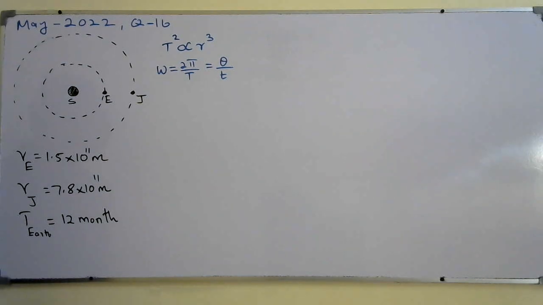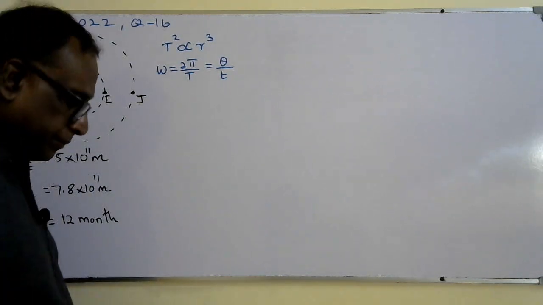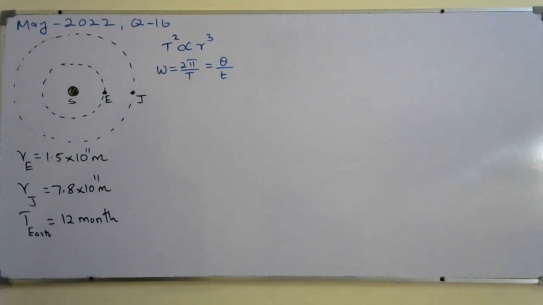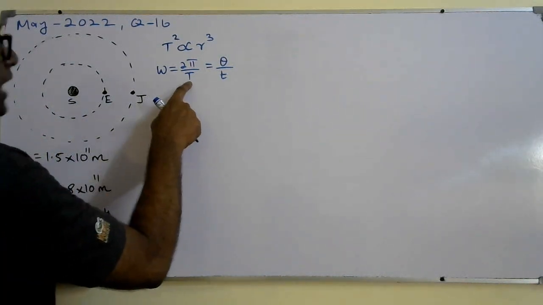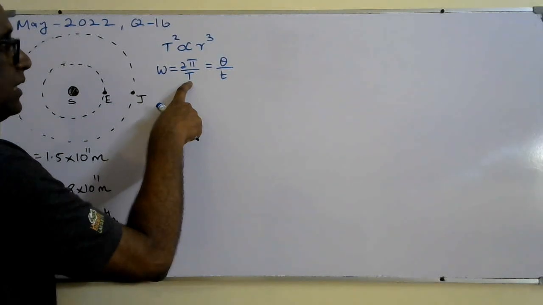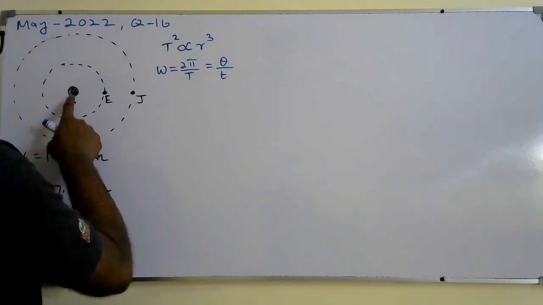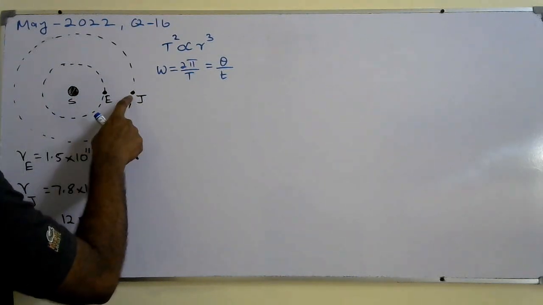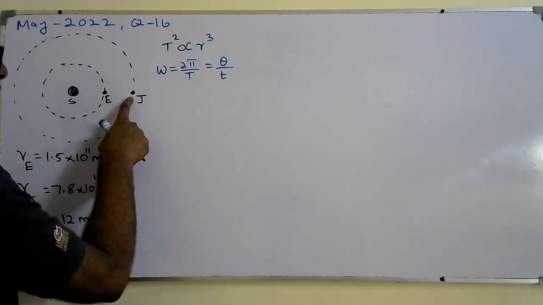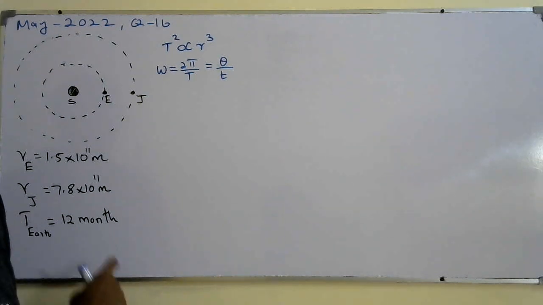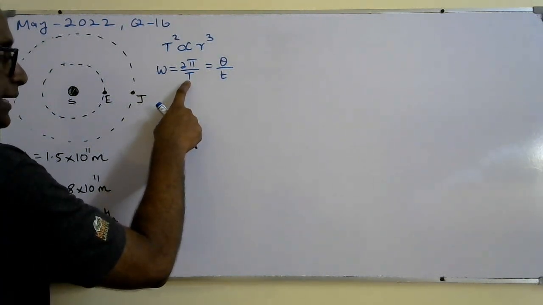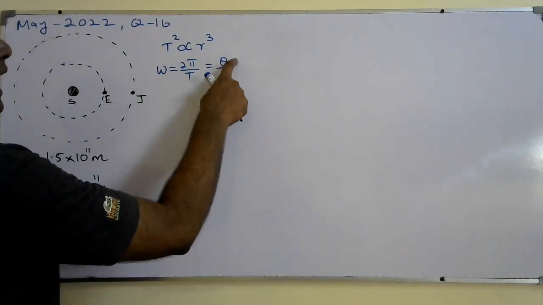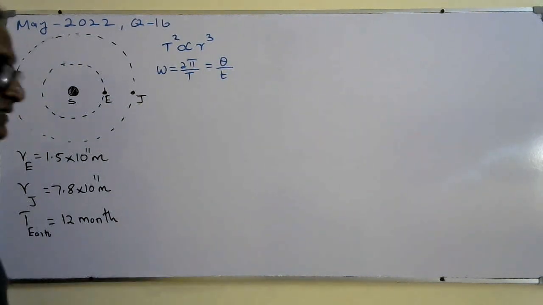Okay, so we know that the planet that has larger time period, that means which is far away from the Sun or which has larger radius of orbit, will have larger time period. Larger time period means when we consider a particular time, the change in central angle will be smaller.